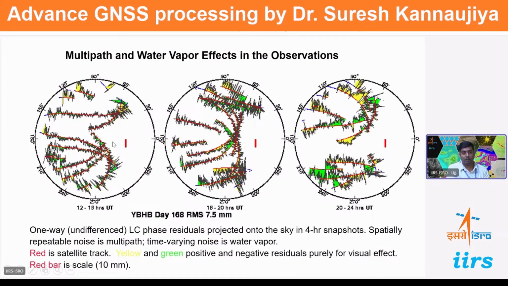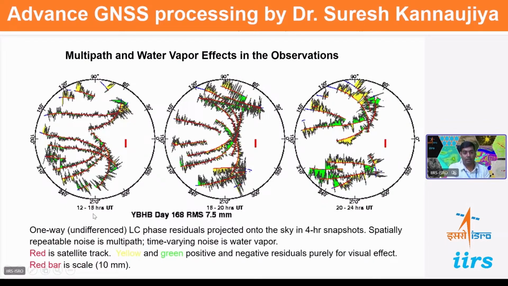Okay, so this yellow, green, this is the positive and negative residual, purely of a visible effect. And this is the scale, and through this scale you can compare how much positive and how much negative residual is present in the signal due to this multipath and water vapor effect for a different time period.